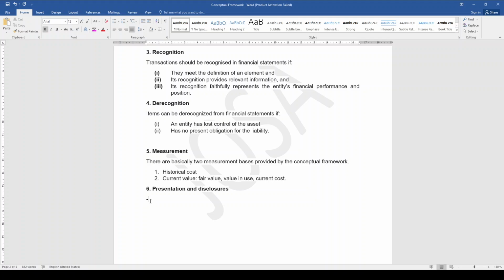Okay, so here we look at a statement of profit or loss and other comprehensive income. Of course, now this brings in the issue of reclassification.